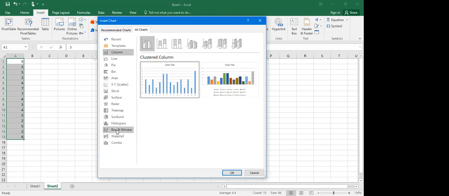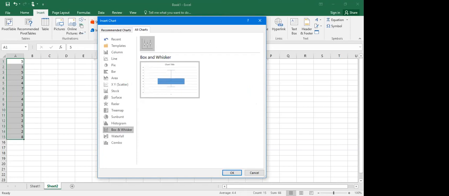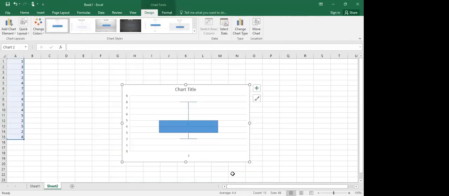Now, when you come down here, you see box and whisker. Click on it, and then you have a box and whisker plot.